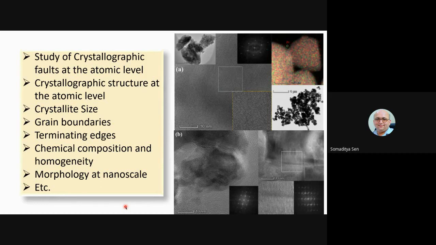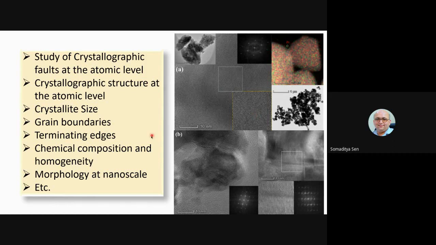You can find that out by having a better resolution image at the edge, and then finding the distance between the atoms. From that distance, you can find what d-spacing is commensurate with that separation, and then analyze that the crystal has terminated at this edge.